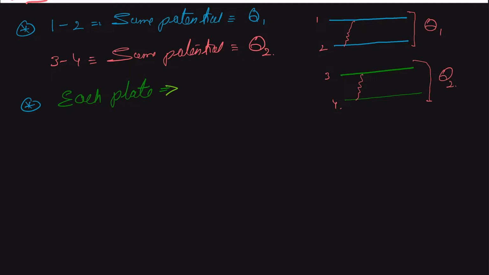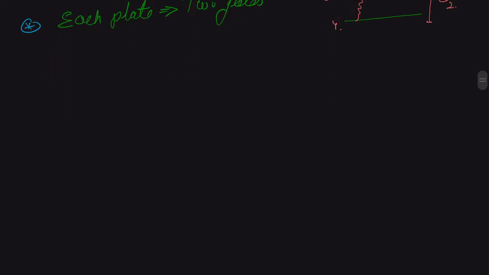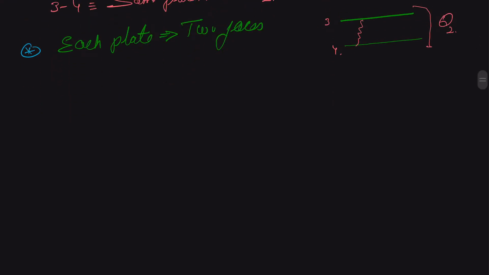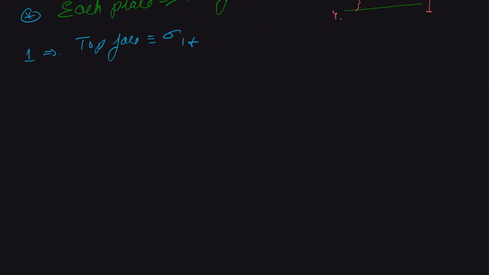For plate 1, we are going to call the top face, having a charge density of sigma 1 top, and then the bottom face, which we are going to call sigma 1 bottom.